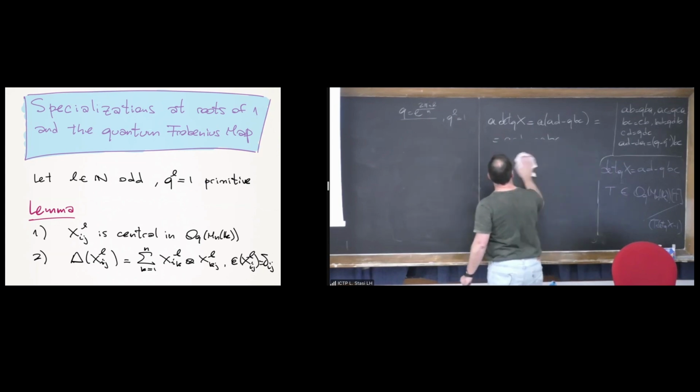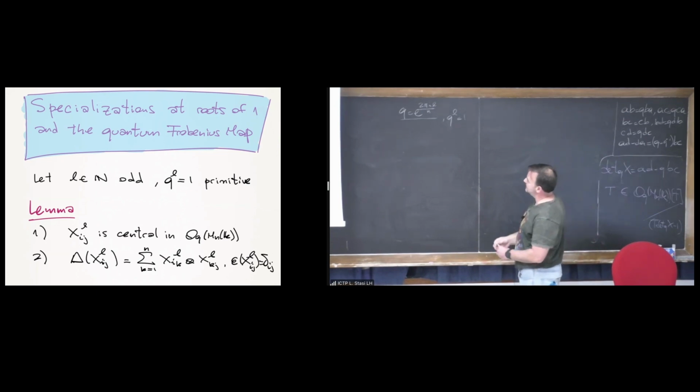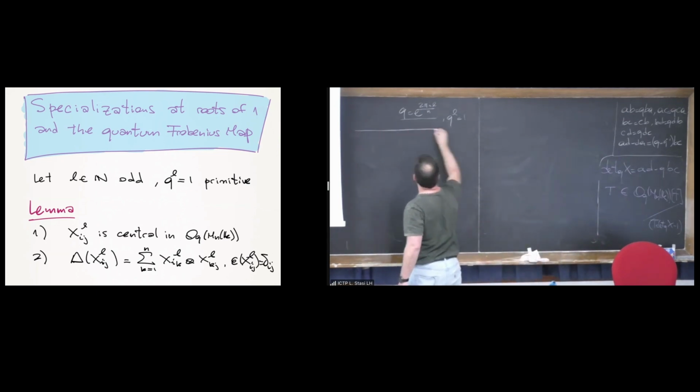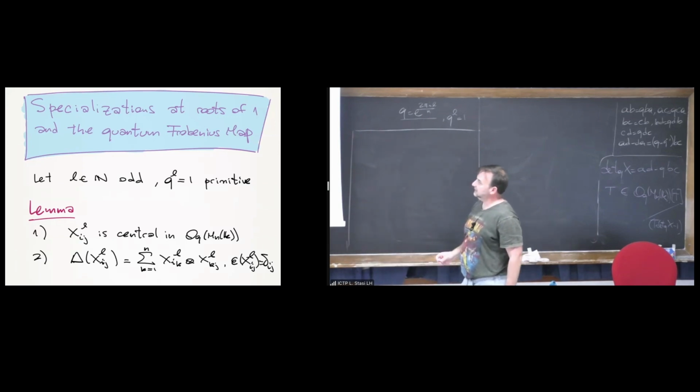I will tell you the idea. I wanted to do the whole computation, but I made a mistake in the first one. So I will give you the idea of what is going on, and you finish the computations by yourself.